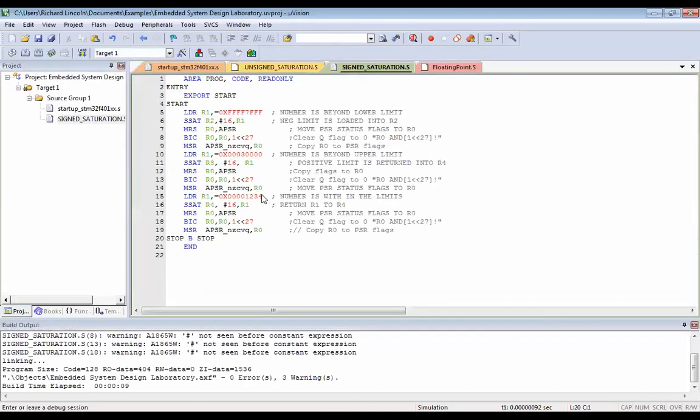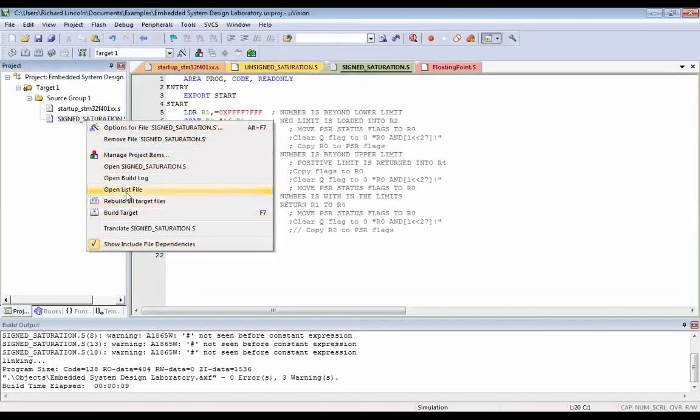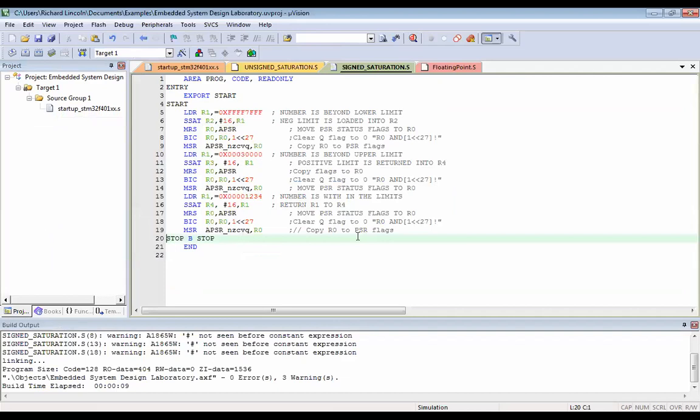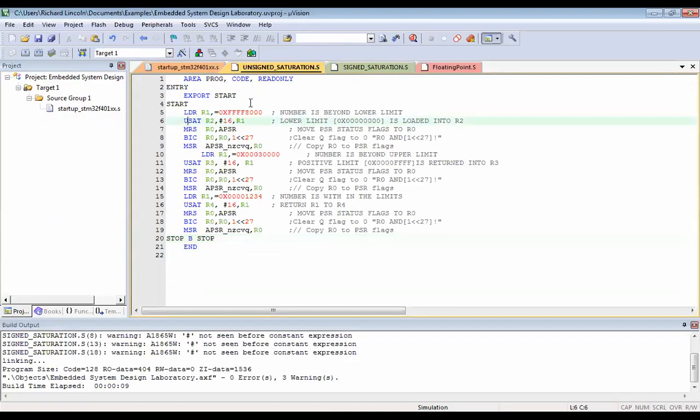Okay. So now we will go to the unsigned operation. Now the limits are going to change. The program remains the same, but instead of SSAT, it is USAT.